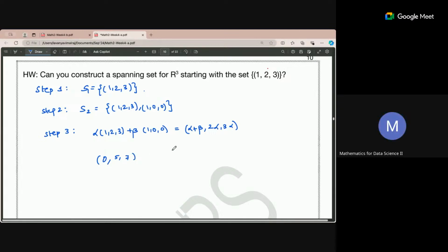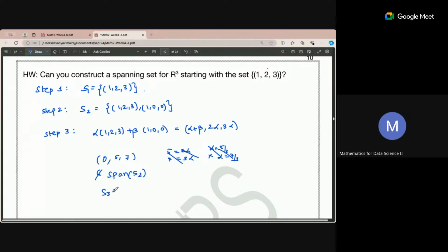Then 5 is equal to 2 alpha and 7 is equal to 3 alpha. Will you get any solution? Alpha is 5 by 2 and alpha is 7 by 3. So it's not matching. So (0, 5, 7) does not belong to the span of S2. Correct? So you have got another vector.